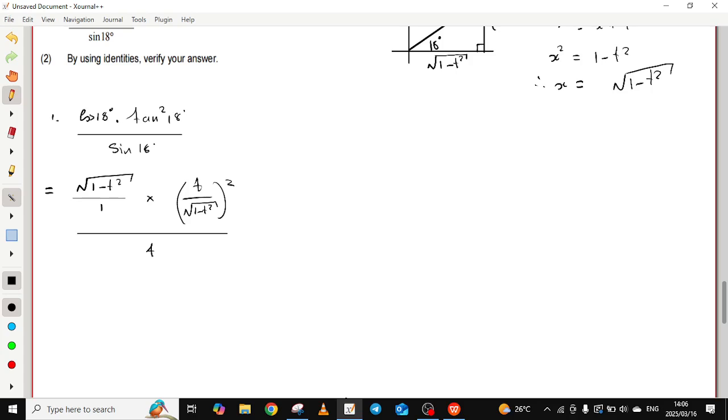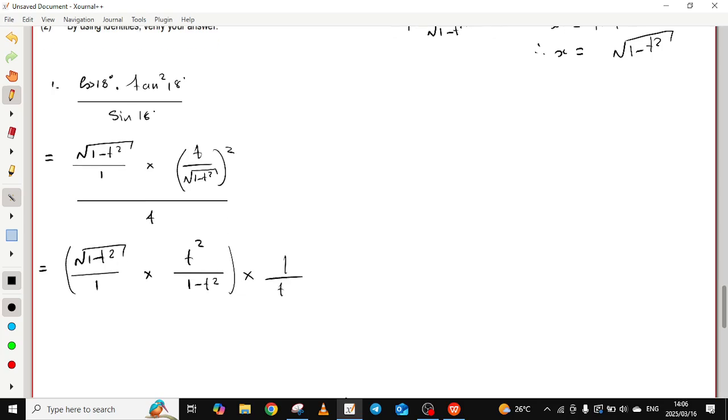And I like it because now we can further simplify. This is the root of 1 minus t, all squared, divided by 1, times t squared over the root of 1 minus t squared all squared, which is just going to be 1 minus t squared. And of course, this, good people, I'll just put it here in brackets, is divided by 1 over t.